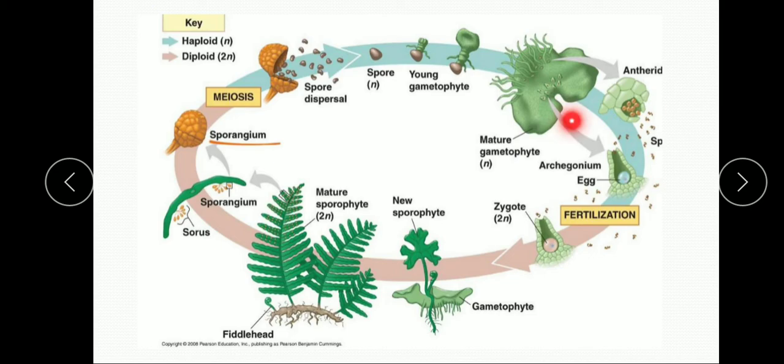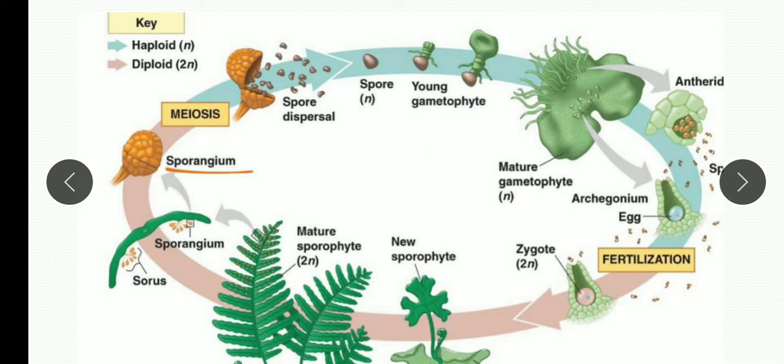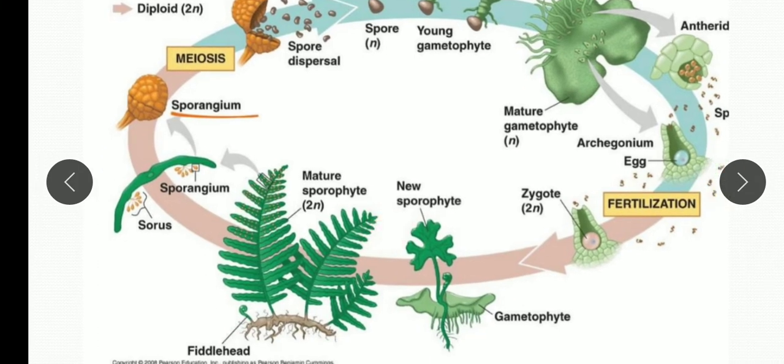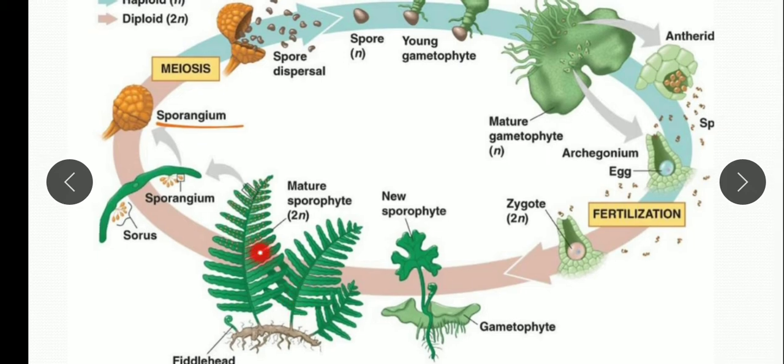So let us see all these changes as we have studied in the bryophyte. We'll start from the fern plant, that is the sporophyte. This is the fern plant. You will see root, stem and leaf are present in it. Now it has sporangia on the leaves, as we have studied.